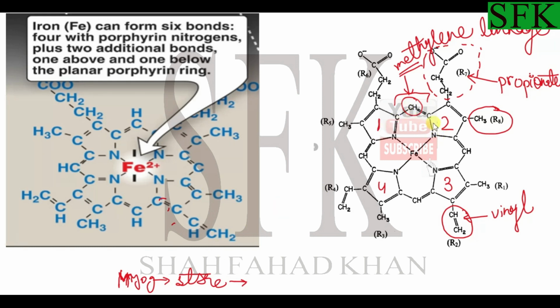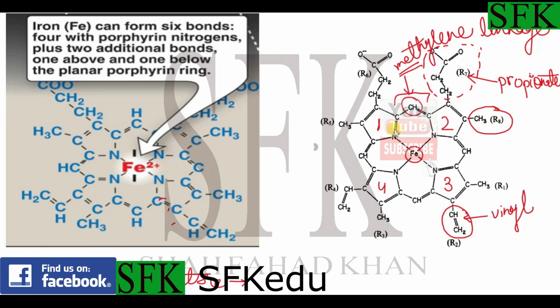Anyways, coming back to the protoporphyrin 9 structure, the nitrogen atoms use their lone pairs to form coordinate or dative bonds with the centrally placed ferrous ion. This ferrous ion forms four bonds with the tetrapyrrole ring, but it can form a maximum of six bonds.